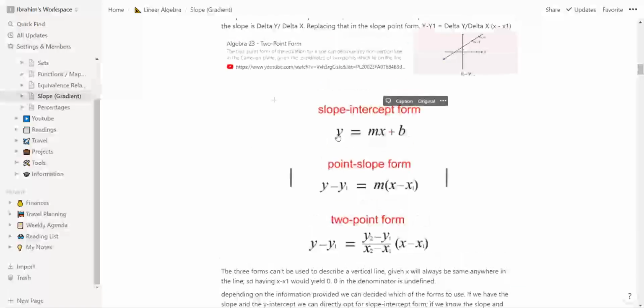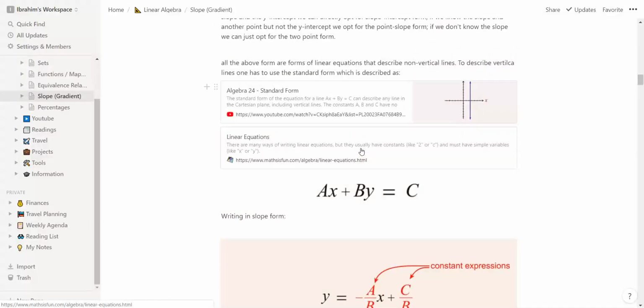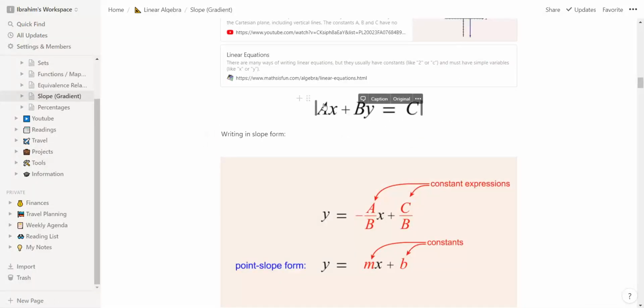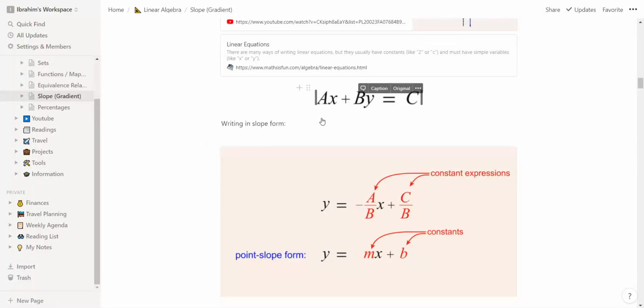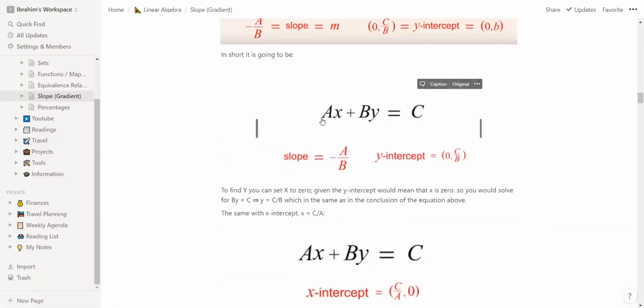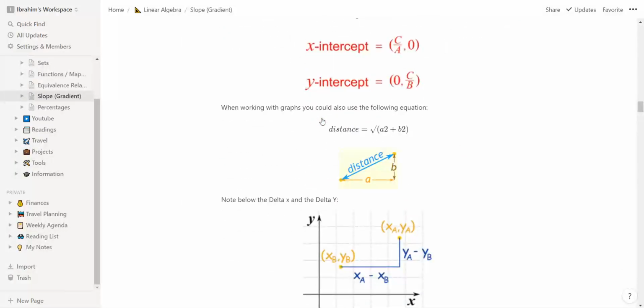You can see here that it's ay minus or plus m of x minus b equals c, or equals 0. So this is the standard form, and we've done a couple of things on it.